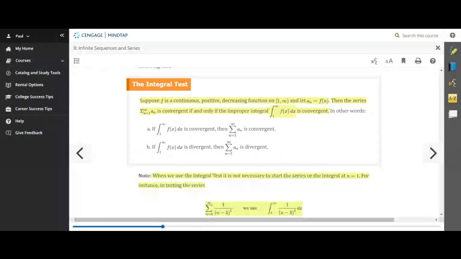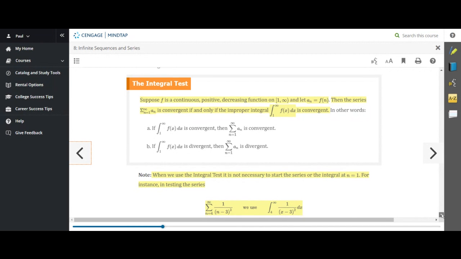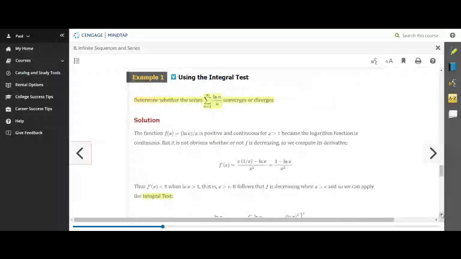Okay, so I want to do an example with the integral test, which we looked at before. If we go down a little bit here, they have an example where they use the integral test. In this problem, they want you to determine if the series from n equals 1 to infinity of log n over n converges or diverges.